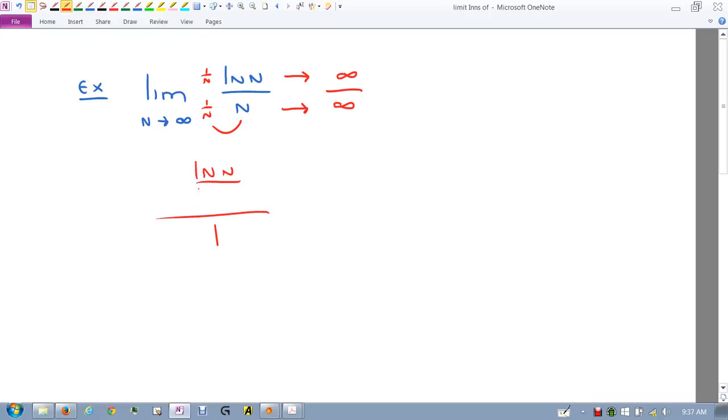Natural log n over, and I'm right back where I was, right? So that didn't do anything to help me. So that's not going to work. All right, so we're kind of stumped here, maybe, right? And this is where the theorem comes into play. All right, we have a theorem. Let's see if the book has a number on it.